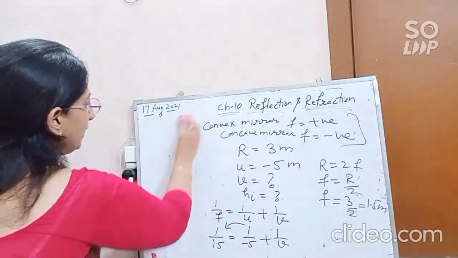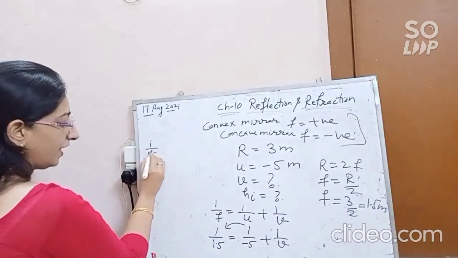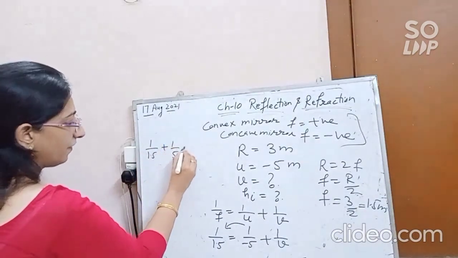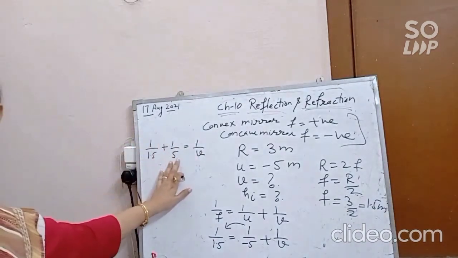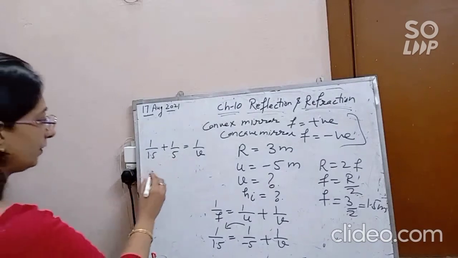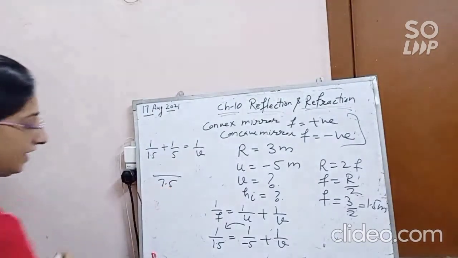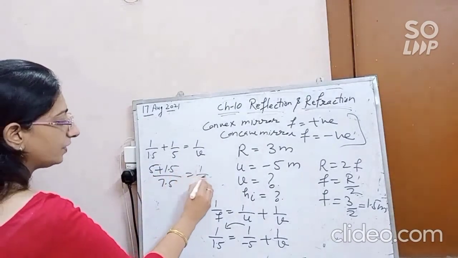That is 1 upon 1.5 plus 1 upon 5 equal to 1 upon v. When I am taking the LCM of these two, 1.5 and 5, that is 7.5, that is 5 plus 1.5 equal to 1 upon v.